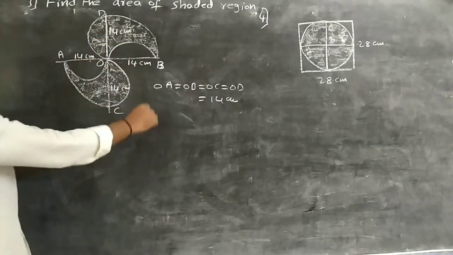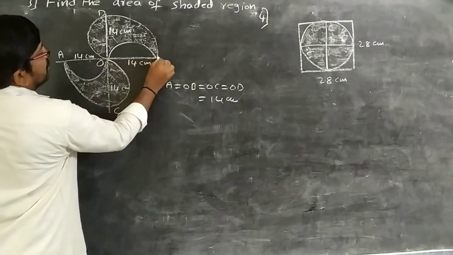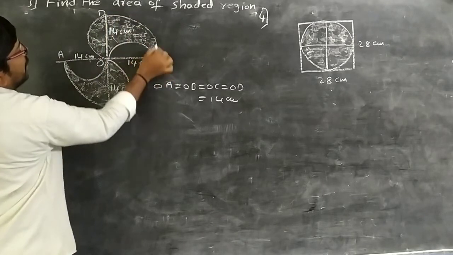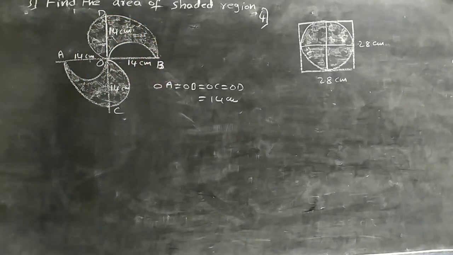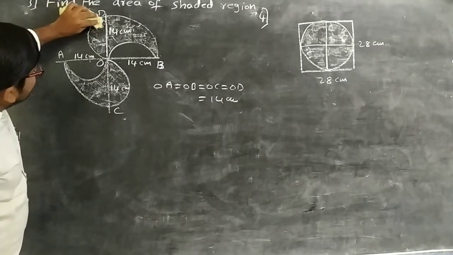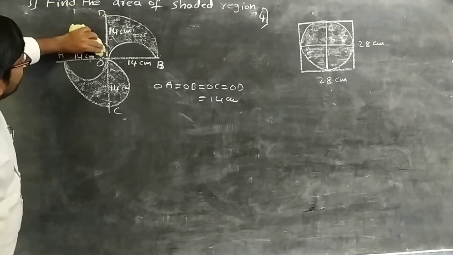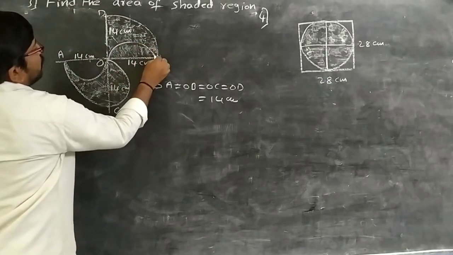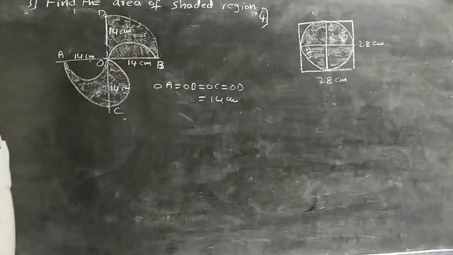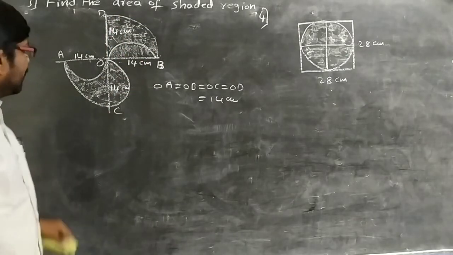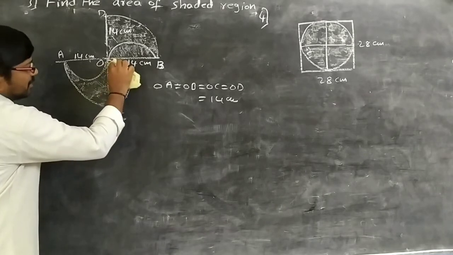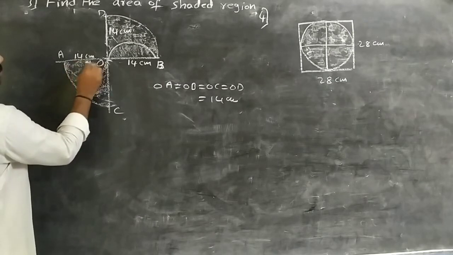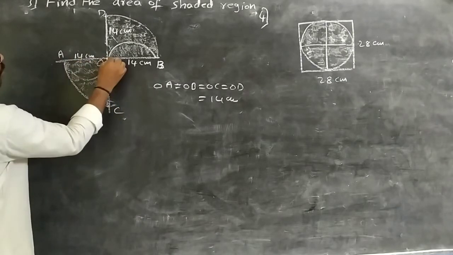Observe carefully. It is the diameter of this quarter circle. It is a quarter circle. If we fill this shaded region in like this, we have one quarter circle, right? Here also, if we fill this shaded region in this part, we have one more quarter circle.